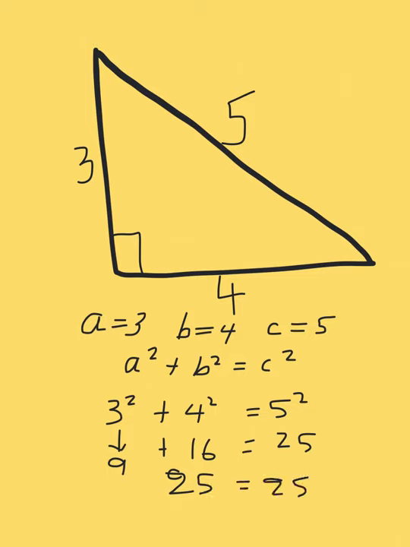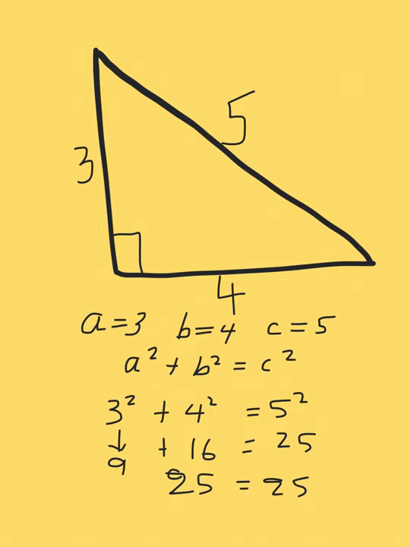So you can see when we put these numbers into the Pythagorean theorem, it works. Both sides are equal to the same number. 25 is 25.